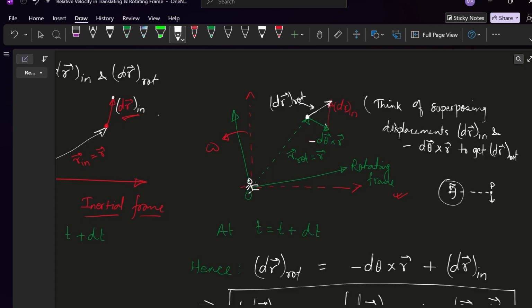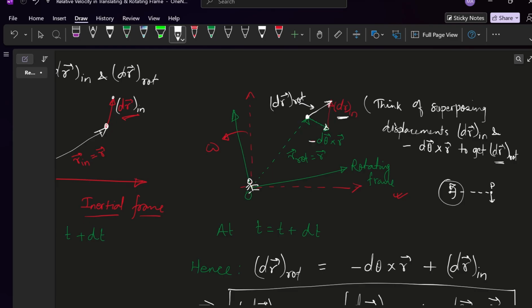So if dr inertial is 0, it means this is not there. So he will see one displacement just due to his own rotation. Now, let us say that in time interval dt, the inertial observer is seeing the elementary displacement dr inertial. So this observer will also see this component, right? Both these displacements he will be seeing. So that's why I have written here, think of the superposition of displacements dr inertial and minus d theta cross r to get dr rotating, right?